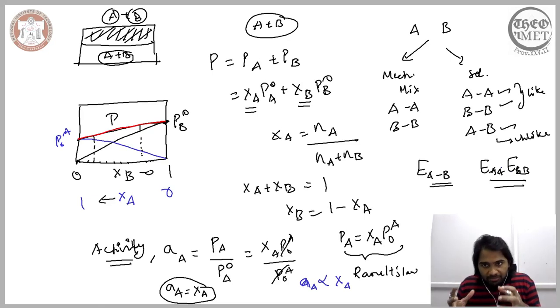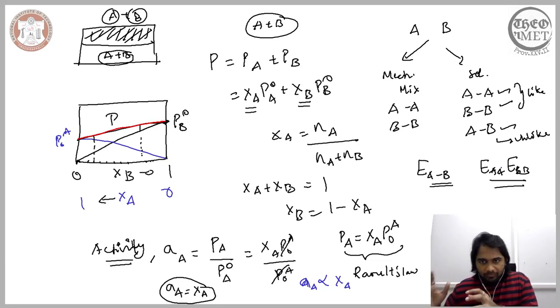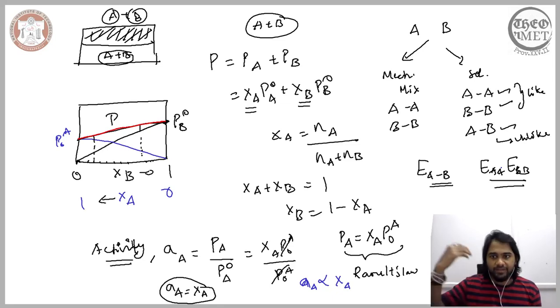These bonds can only be formed when you have a sufficient amount of A and B. So the activity, which is nothing but the ratio of the pressure of a given component to its saturated vapor pressure, is proportional to concentration, because only when you have sufficient concentration is this concentration reflected in the pressure.